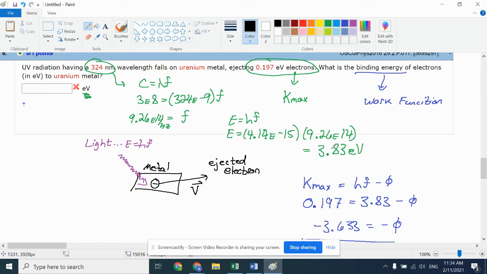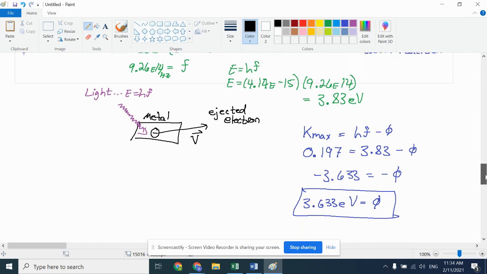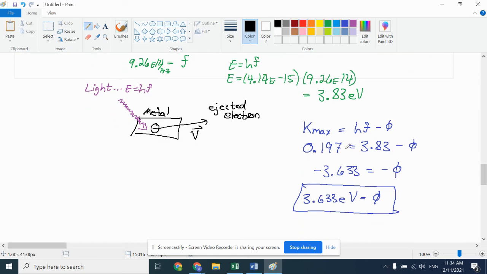So I find out that my ultraviolet radiation, UV radiation, is 3.83 electron volts. The kinetic energy of the ejected electron is 0.197 electron volts. I supplied 3.83 from my light, so I solve for the work function. I find the work function was 3.633 electron volts.